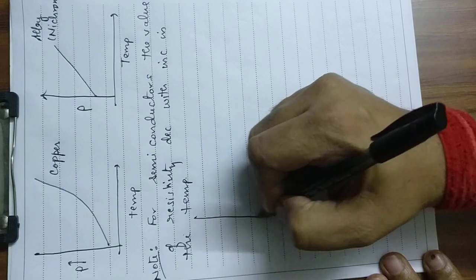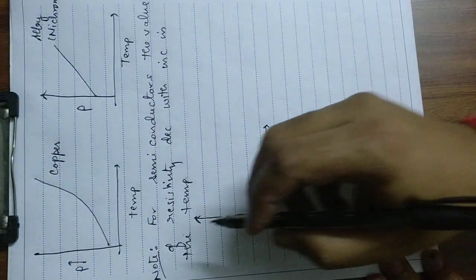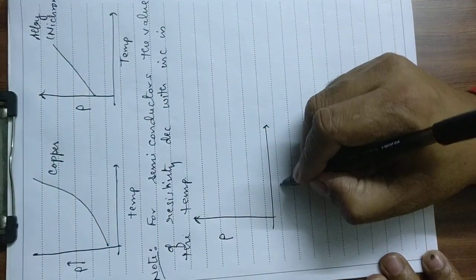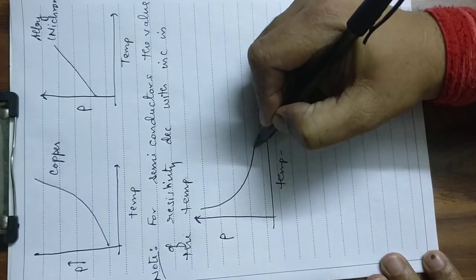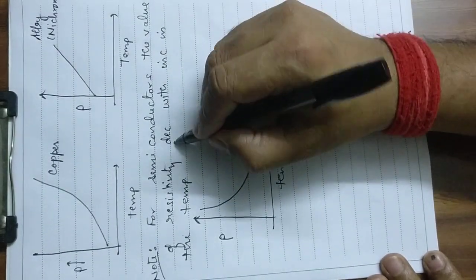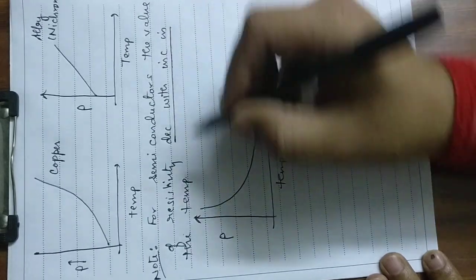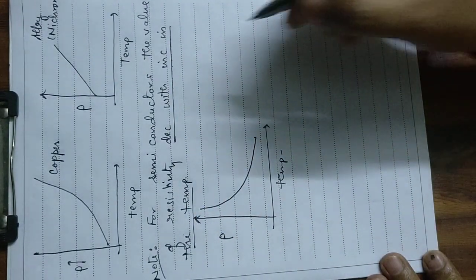The graph can be plotted as rho versus temperature. It follows this type of curve. So keep this point: in case of semiconductors, resistivity decreases with increase in temperature.